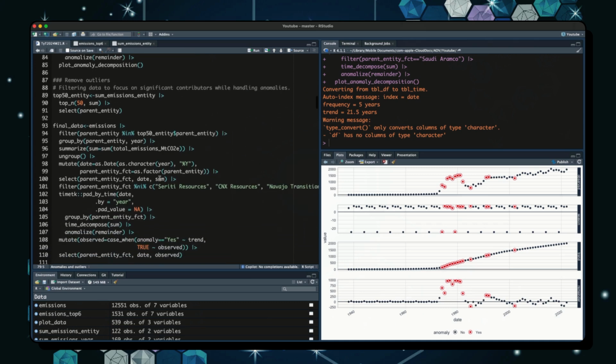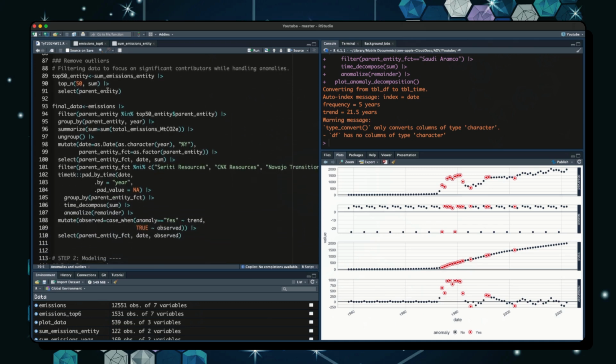So let's just jump in at the step where we remove the outliers. We looked closely at the top 6 entities, but I want to continue my analysis with the top 50 entities. So instead of the top 6, I want the top 50.